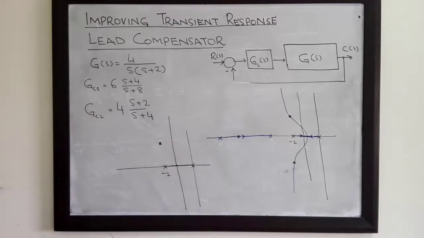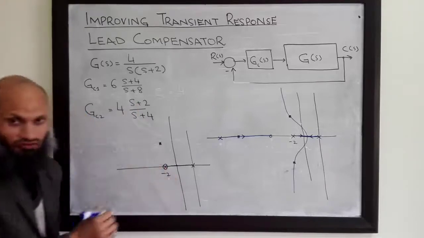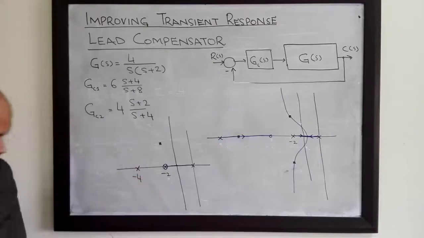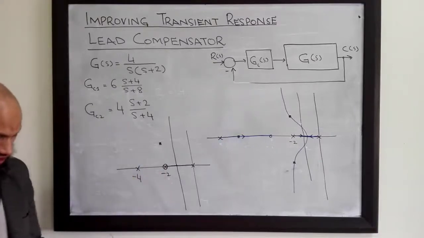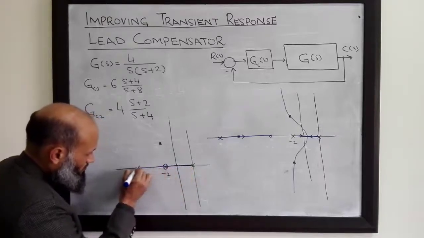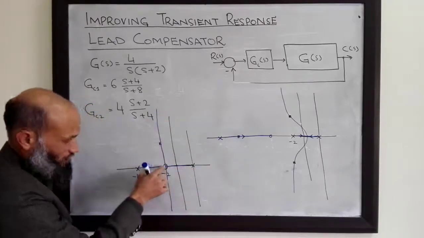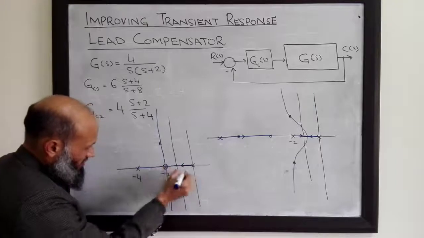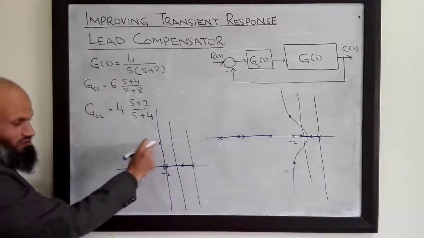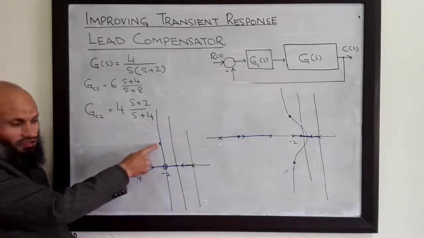What we did is we placed a zero of the compensator at this location and a pole of the compensator at this location. So this pole and zero cancel out, and the new root locus will look like this one. The root locus starting from this pole and from this pole passes through the desired closed loop pole. Again, the root locus passes through this point.